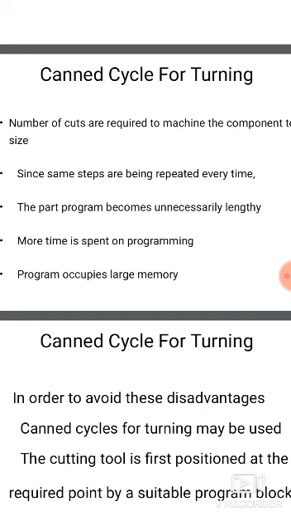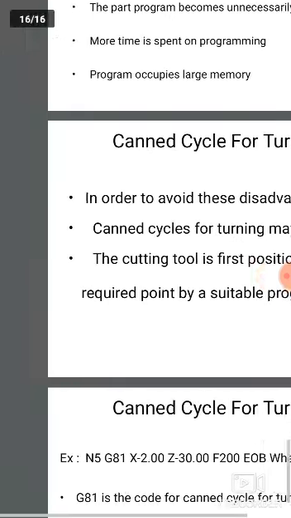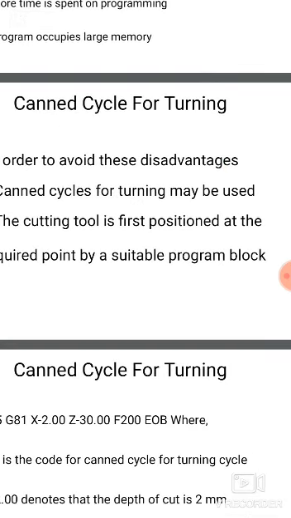Like that the examples are written for this program. Next, a canned cycle for turning operation. We can write an example for the turning operation the same way as we have written before.